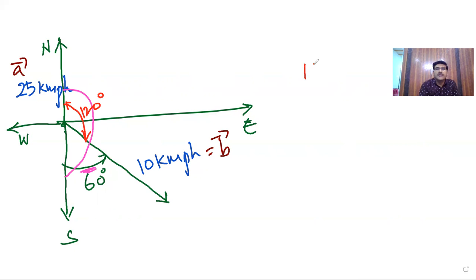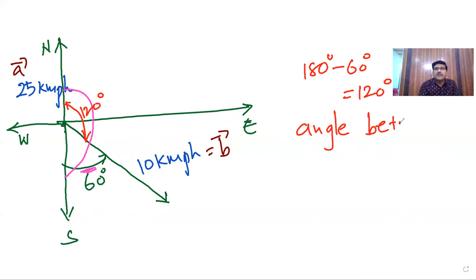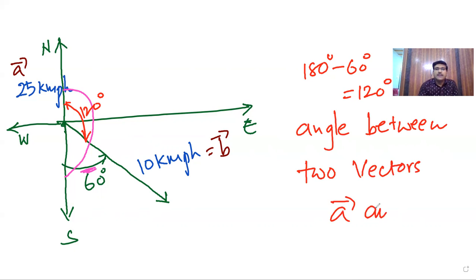So 180 degrees minus 60 degrees becomes 120 degrees. Angle between two vectors, A bar and B bar.